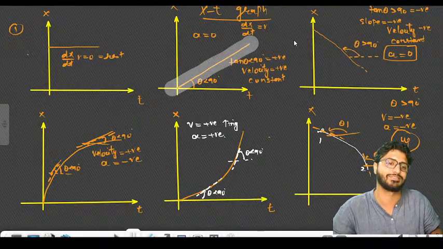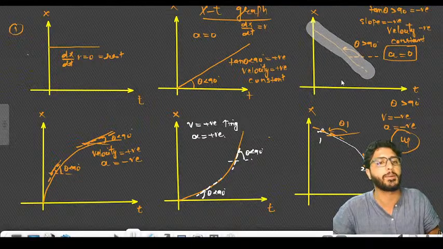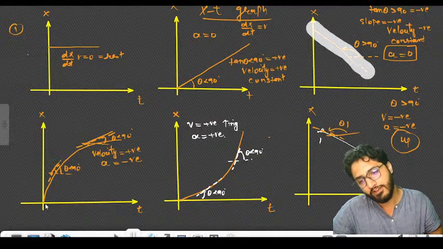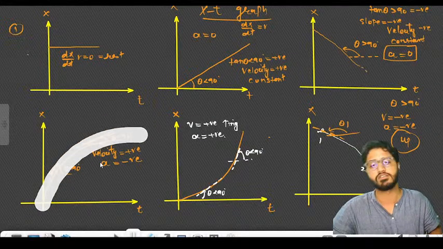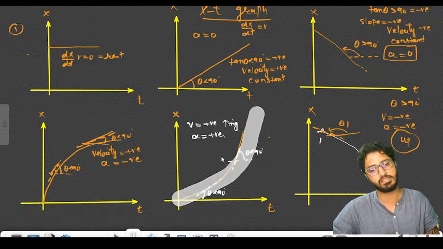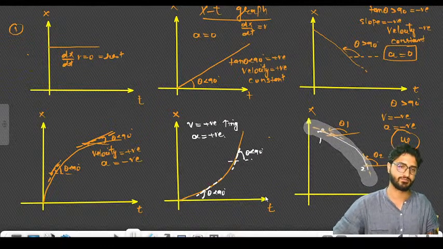One more case: if my velocity is negative and constant, but acceleration is 0, this case. If velocity is positive but decreasing, this case. If velocity is positive but increasing, this case. If velocity is negative and increasing, this case.